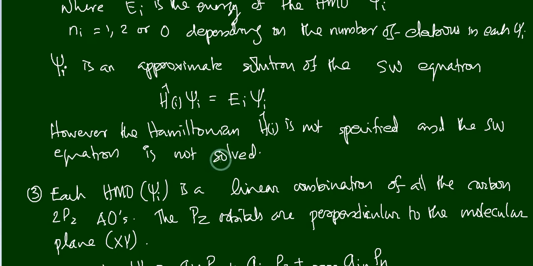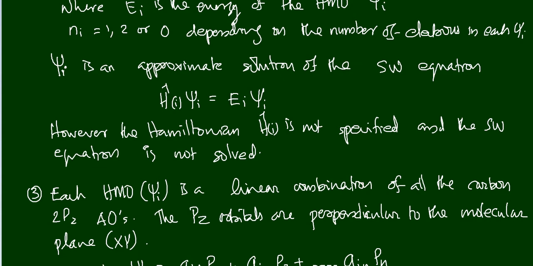And the third assumption is that each Hückel molecular orbital, that is psi I, is a linear combination of all the carbon 2pz atomic orbitals. Okay, means each pz orbital in the carbon is an atomic orbital, and then you take the linear combination of all the pz atomic orbitals.